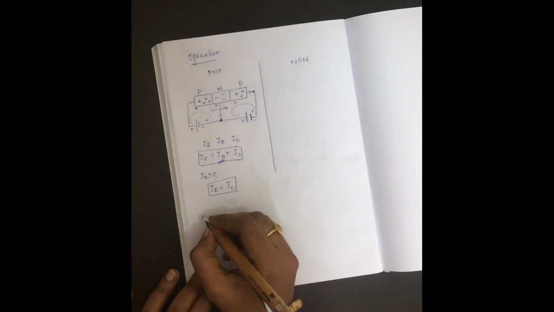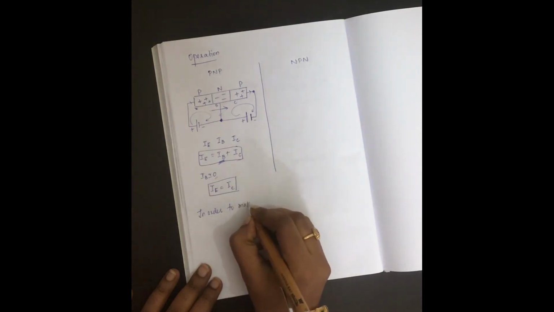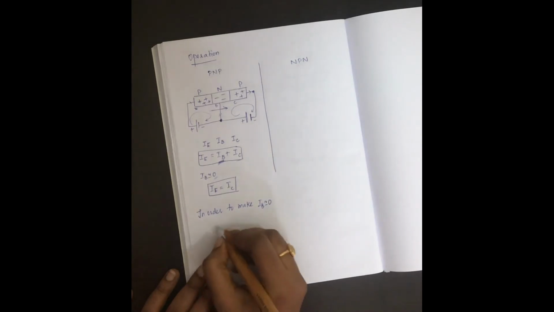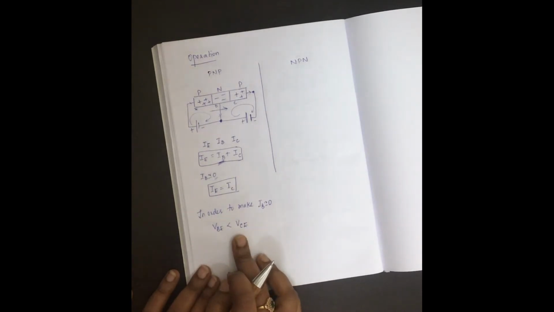So in order to make IB approximately equal to 0, the voltage at base should be less than the voltage at collector.